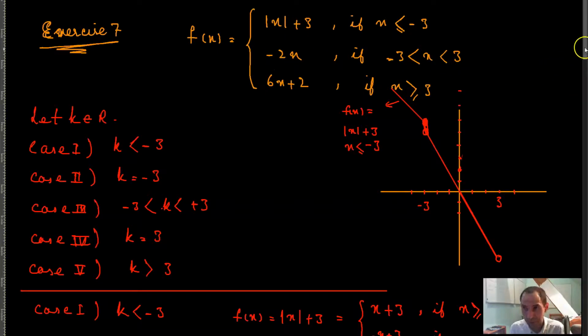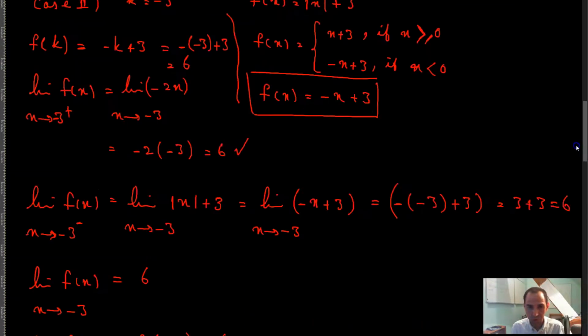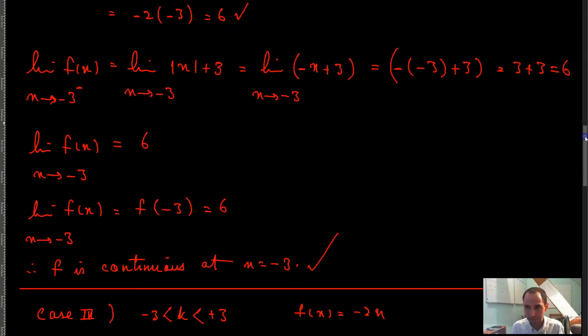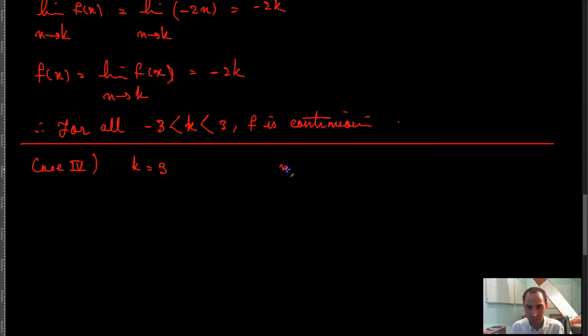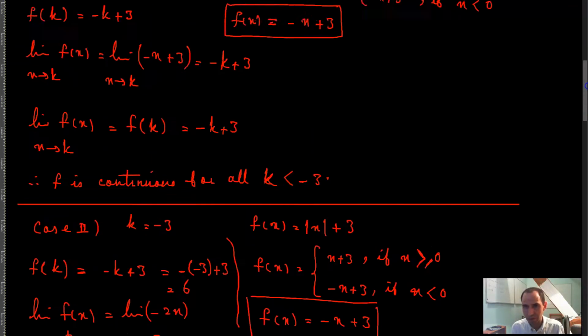When x is equal to 3, f of x is equal to 6x plus 2. And when x is some value between negative 3 and 3, then f of x is equal to negative 2x.